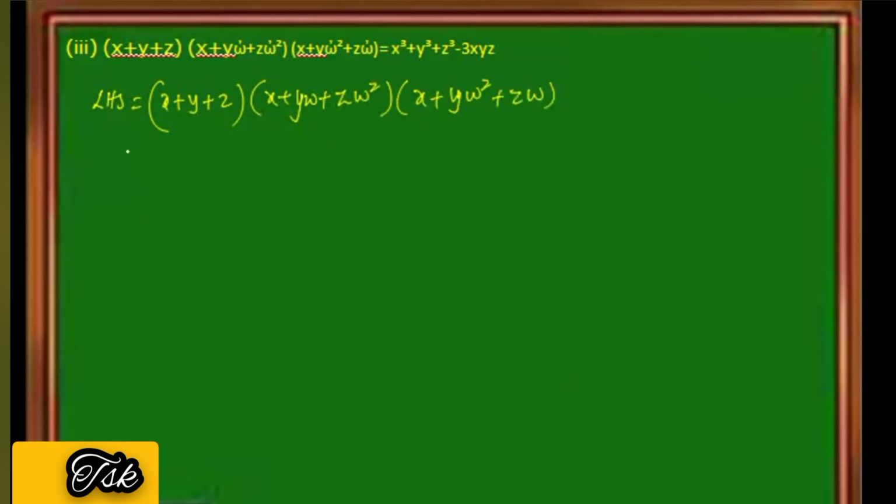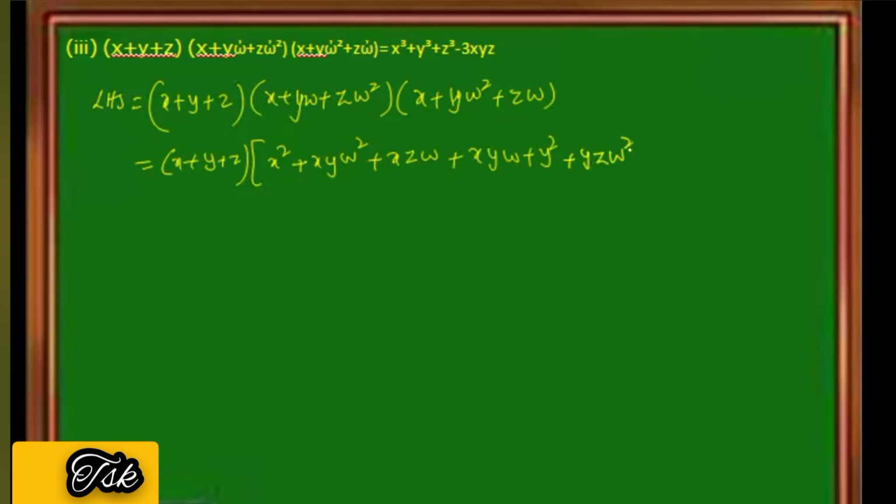Multiply these two terms, x plus y omega plus z omega square and x plus y omega square plus z omega. You get 9 terms. x into x, x square, plus xy omega square, plus xz omega, plus xy omega, y square omega cube, where omega cube I write as 1, and then yz omega square.